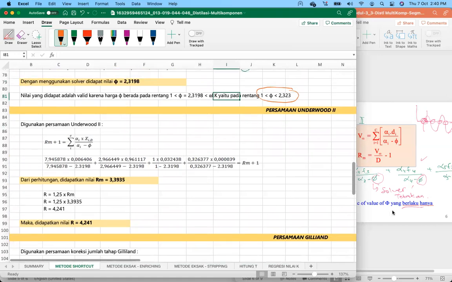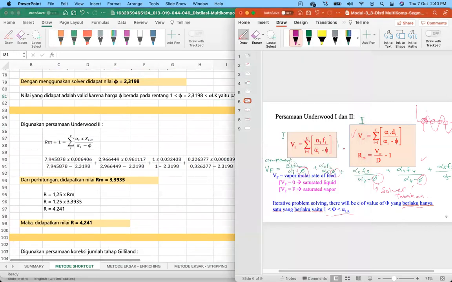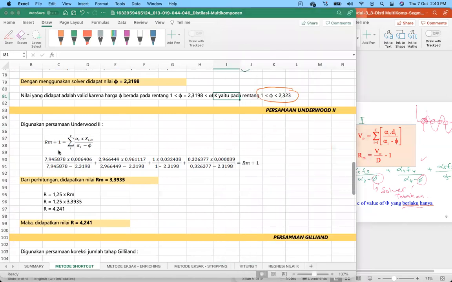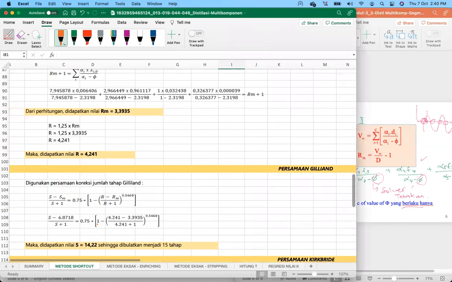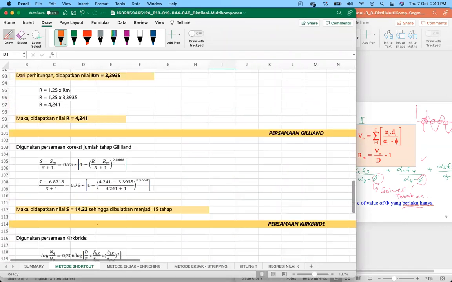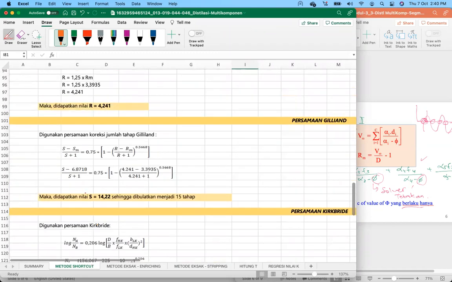Now the next one is the Underwood 2, which is much easier because we just need to put all the values there, and then you get the R, and then R 4.1. Then they use the correlation of Gilliland.